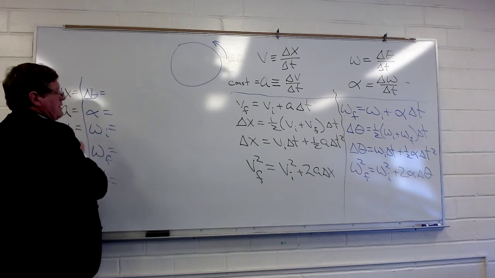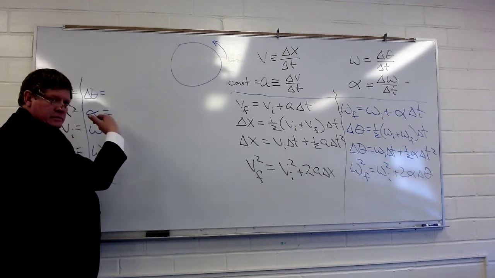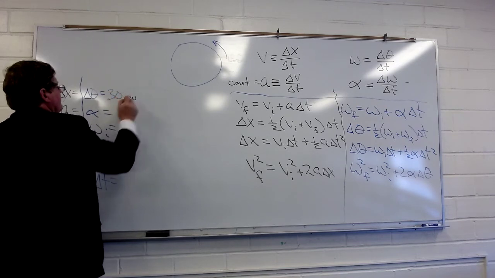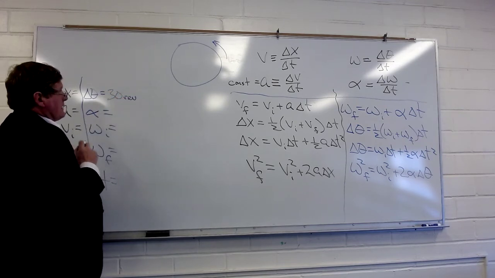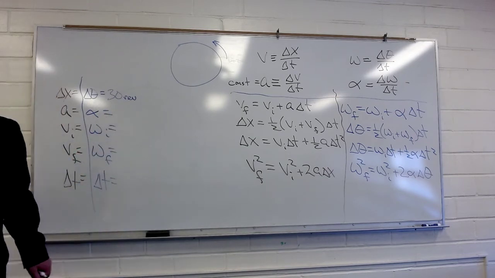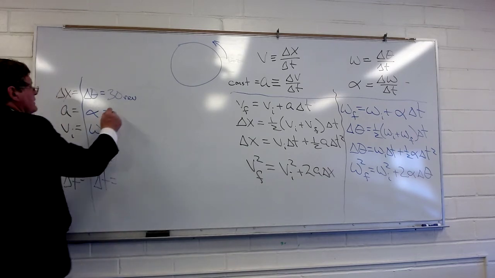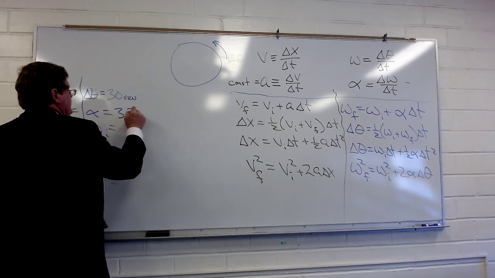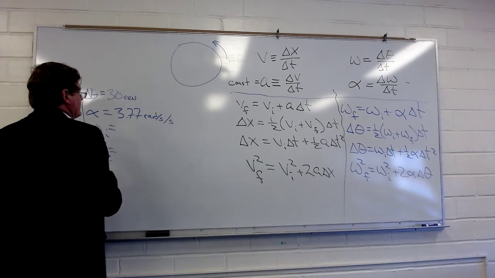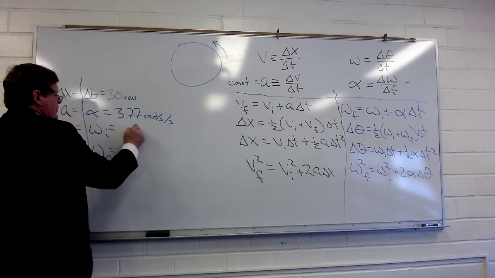So its angular displacement is going to be 30 revolutions. And that during that time it has an angular acceleration of 3.77 radians per second every second. And it starts from rest.